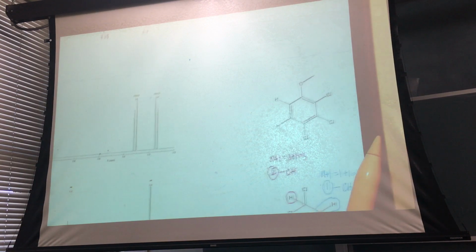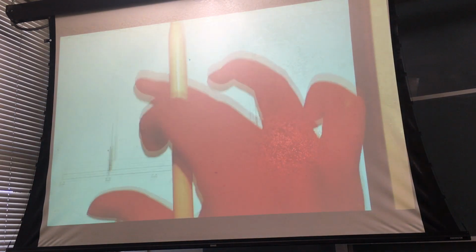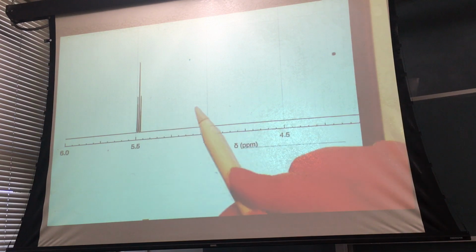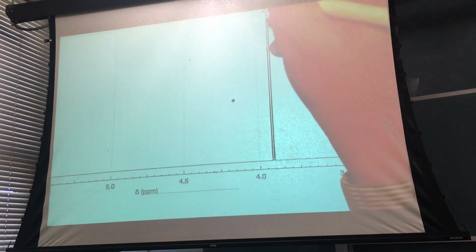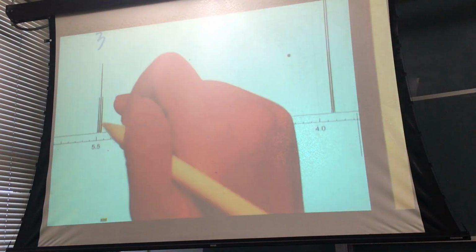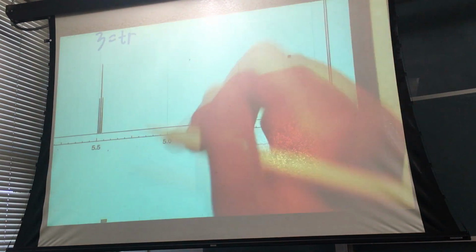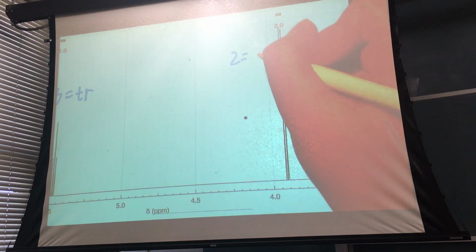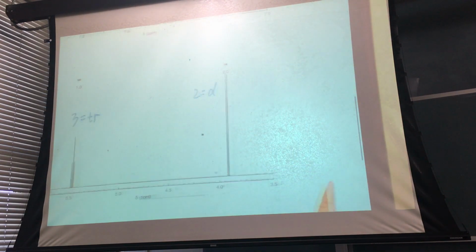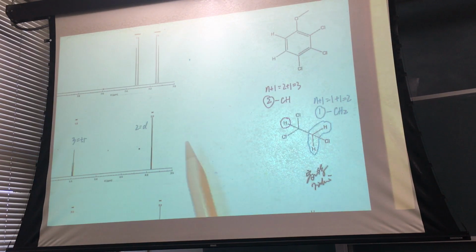On the peaks, this one is a triplet, 3 peaks, and this one is 2 peaks. It's a doublet. We sometimes use TR for triplets. This one is 2 peaks, and we use doublet for 2 peaks. So let's match them. The one with 2 peaks should be this.